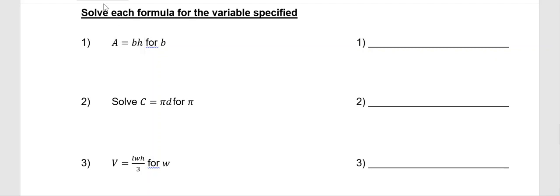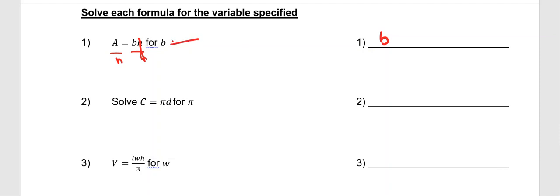So that would be really straightforward. We're just thinking of B as a variable that we need to solve for. Since B is being multiplied by H, we divide the right side by H and the left side by H. The H's are going to cancel, and that leaves me with B isolated. That's what I'm aiming for.